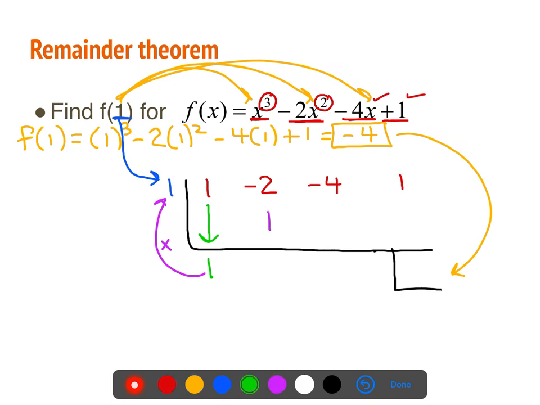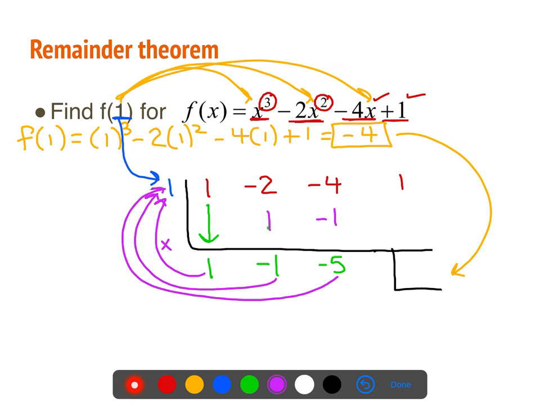And remember, we're going to follow our steps. You bring down the first number, multiply it by the outside, so 1 times 1 is 1. Add the column, -2 plus 1 is -1. Multiply by the outside, so -1 times 1 is -1.